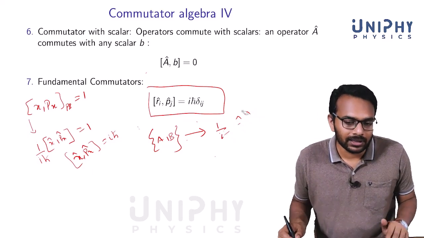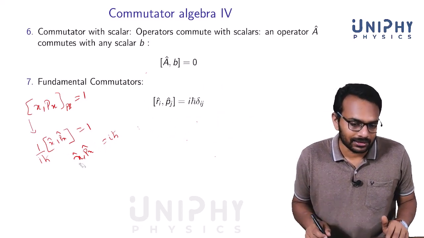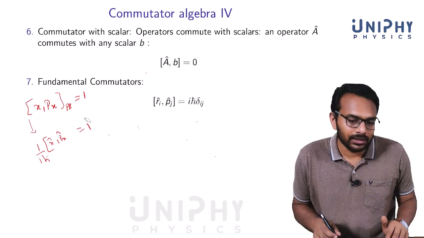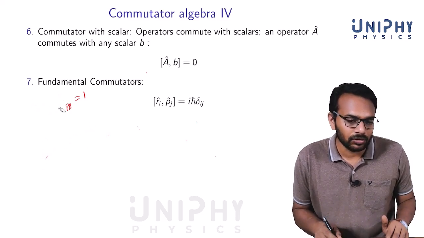In fact, we can obtain quantum mechanics just by postulating this thing. You can go to quantum mechanics axiomatically. We can make an axiomatic formulation for quantum mechanics.